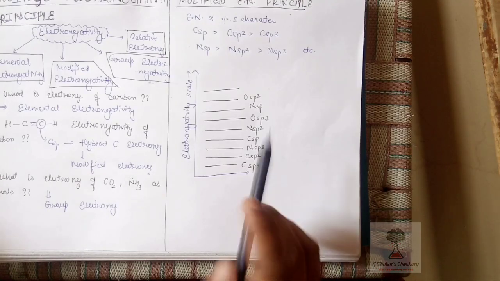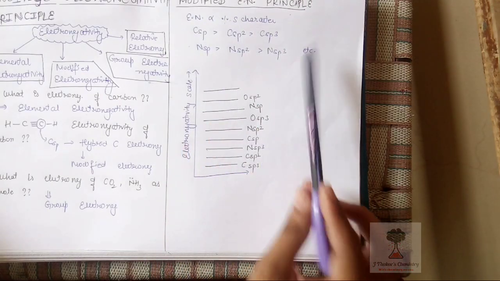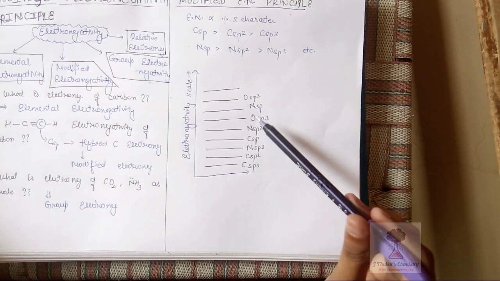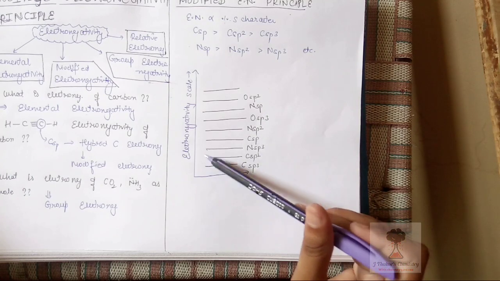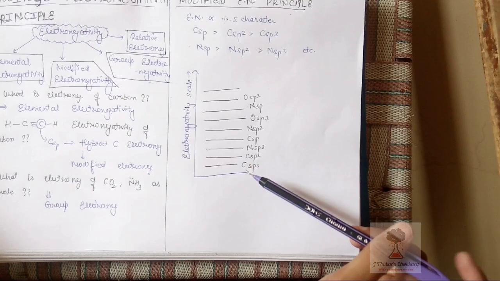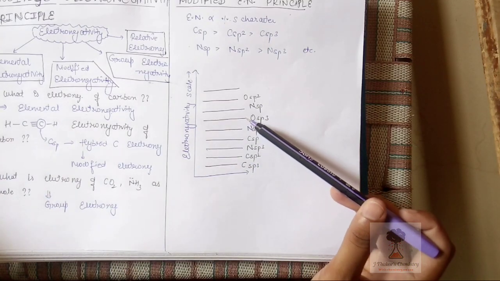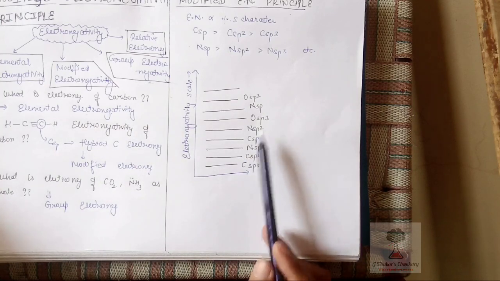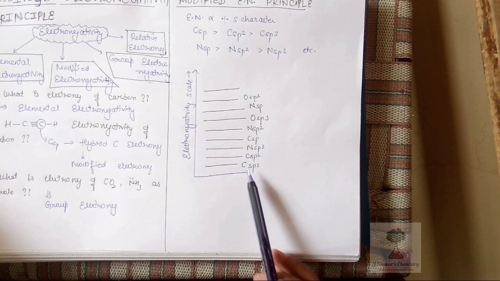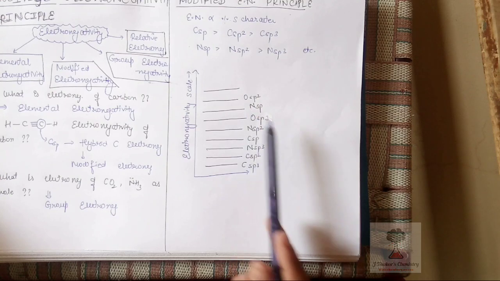To understand the modified electronegativity principle, we draw the electronegativity of different elements on the electronegativity scale on the basis of increasing electronegativity. Here we compare the electronegativity of carbon, nitrogen and oxygen.